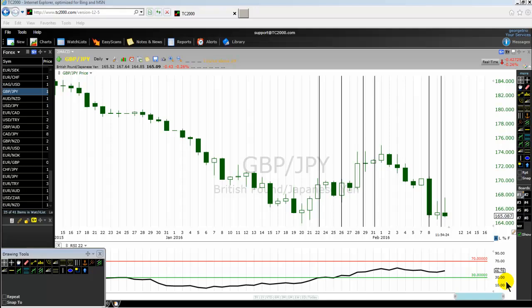The RSI period 22 was originally designed by myself, George Beaulieu, to trade particularly on the hourly chart. But today I want to give traders more tips that they can use to maximize their day trading profit, their swing trading profit when they are using the RSI period 22.